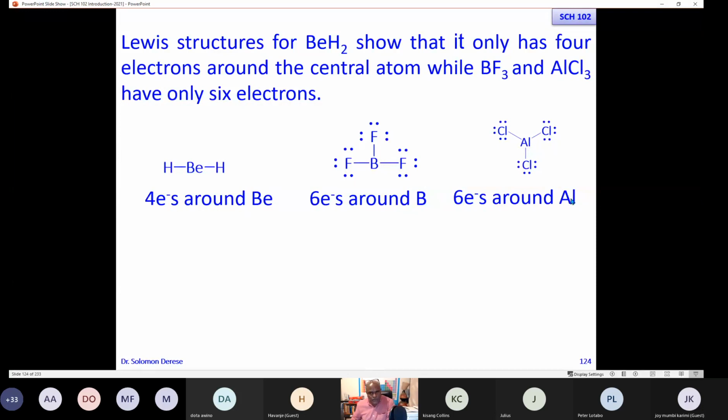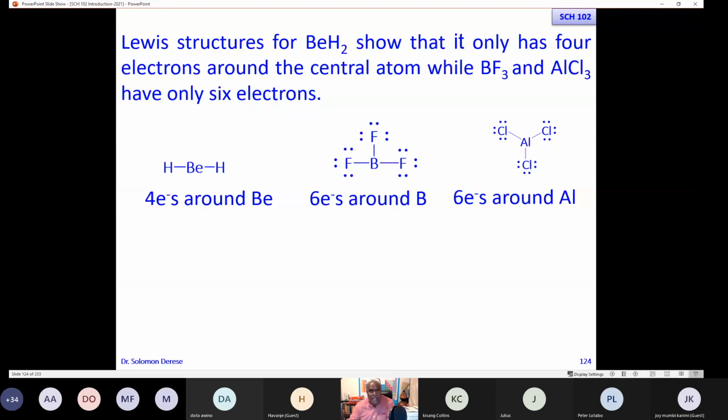So these molecules will have an incomplete octet of electrons. Even if we want, there is no way we can have 8 electrons around the beryllium, 8 electrons around the boron, and 8 electrons around the chlorine.